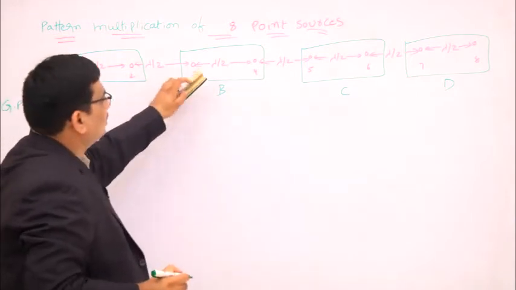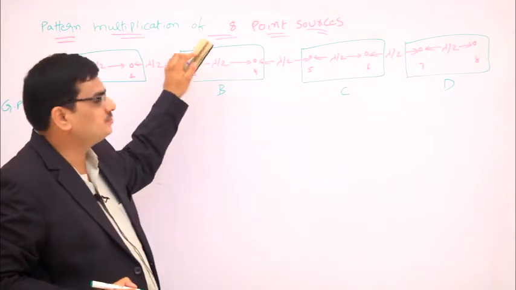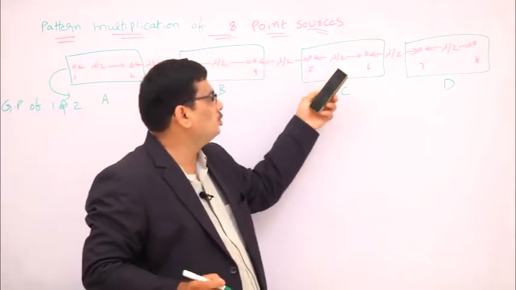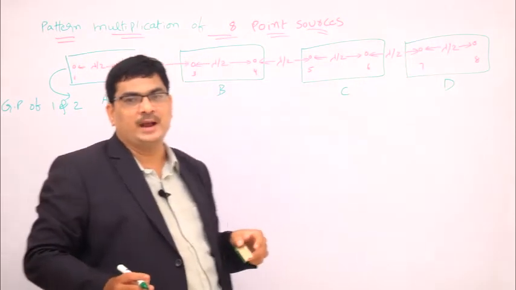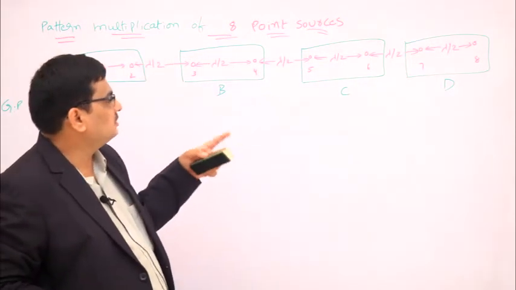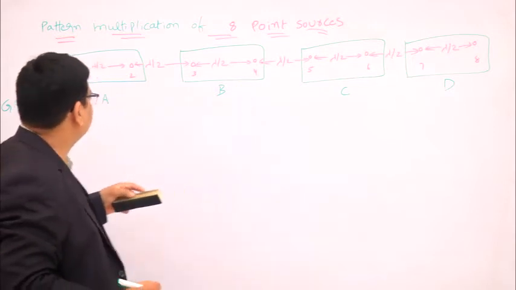Likewise, B is the group pattern of 3 and 4, C is the group pattern of 5 and 6, and D is the group pattern of 7 and 8.